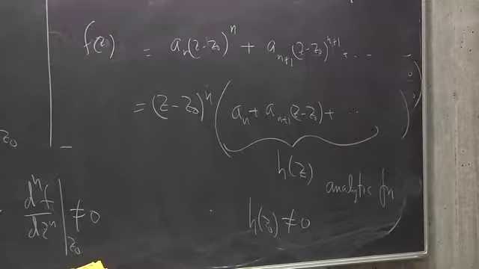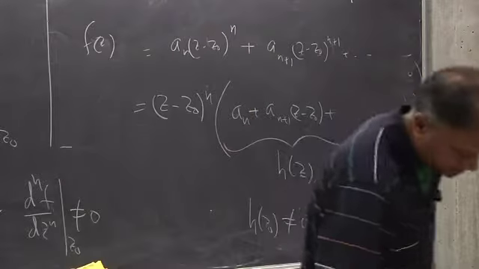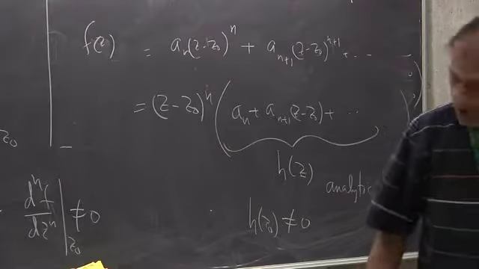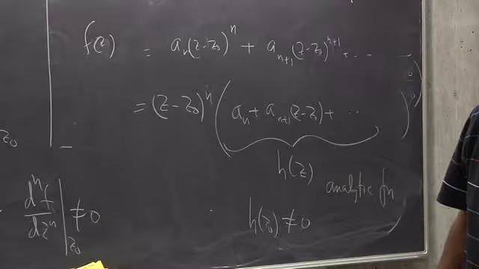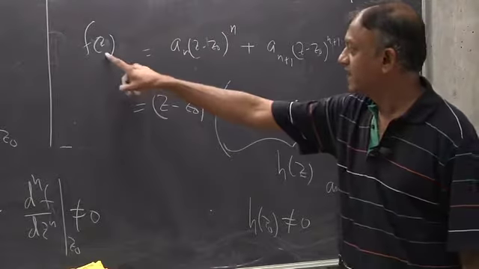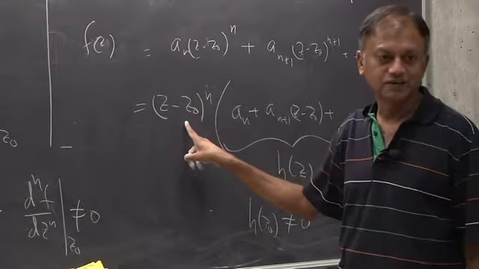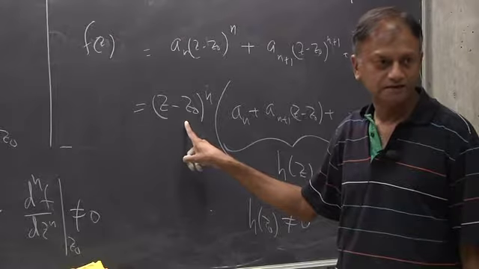So, this is the form. When something like that happens, you say that this function f has an nth order zero at z equal to z naught. That is a definition.